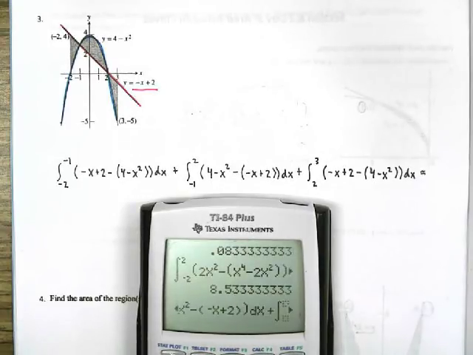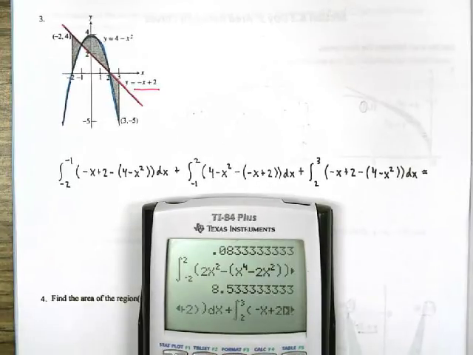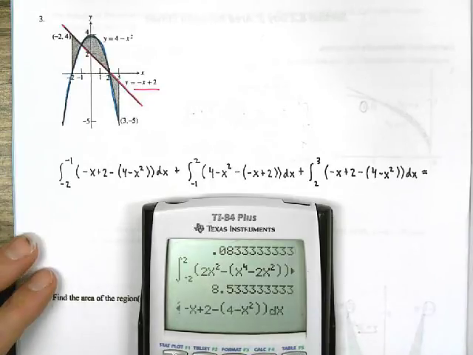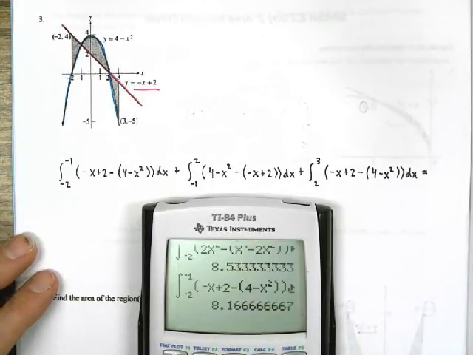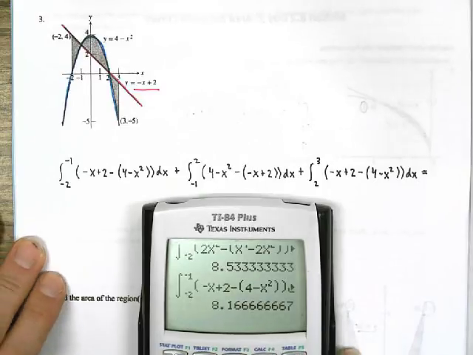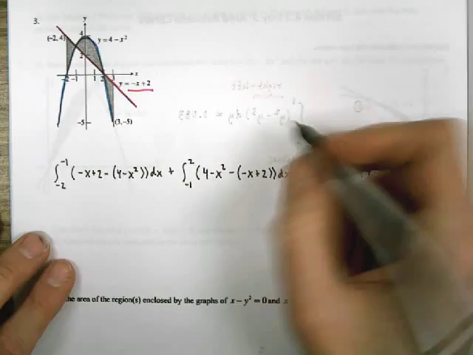And hopefully, as long as I'm not typing anything in wrong, we should come out with the right answer. All right, and I'm going to get 8.167 for that total area.